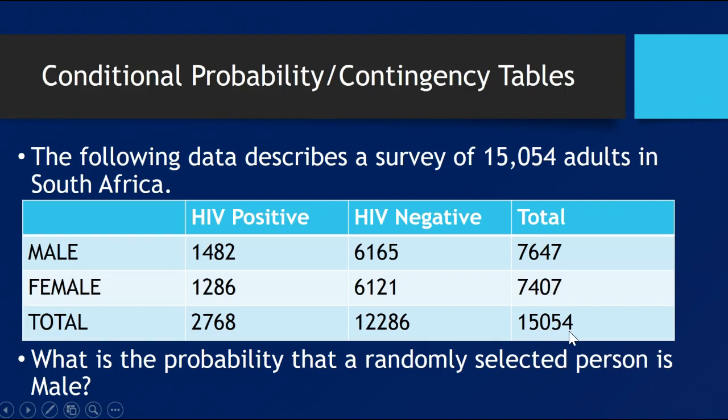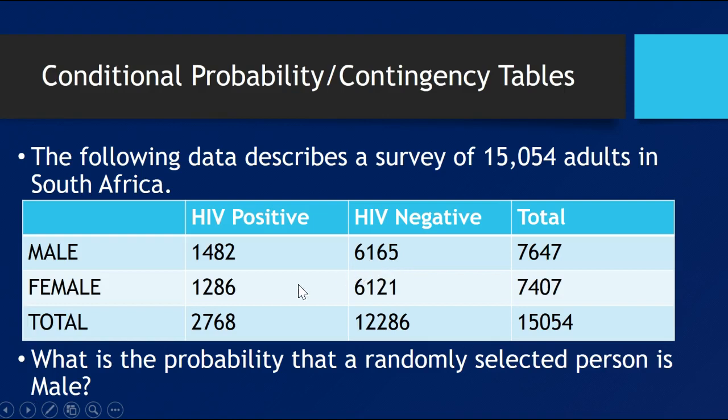So reading this table, we see that the total is 15,054 people. The total number of males is 7,647. The number who tested HIV positive was 1,482, and those males who tested HIV negative were 6,165.